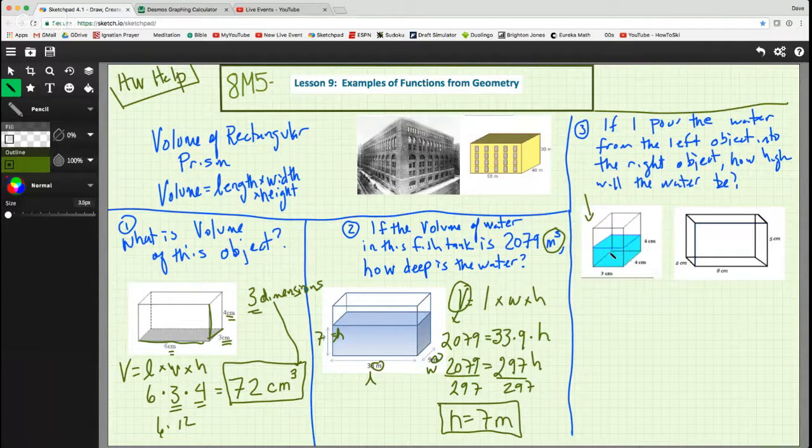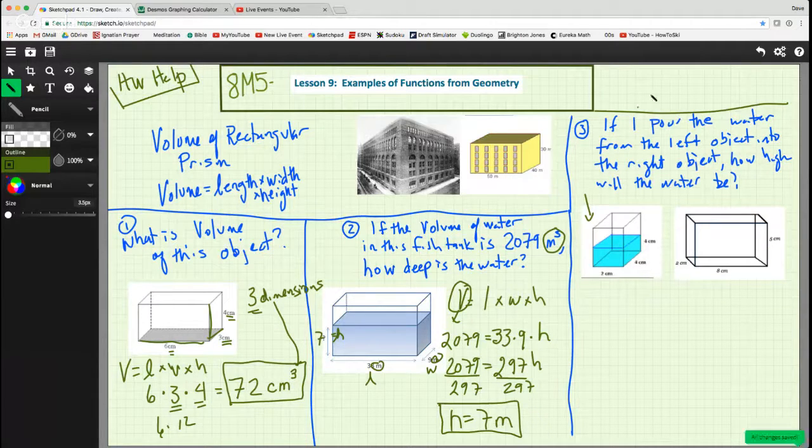But if I take all this water out and pour it into this one over here, the question is how high would the water be? It's not going to fill it all the way up. Or maybe it would overflow it. So your job is to figure out how high the water would go.